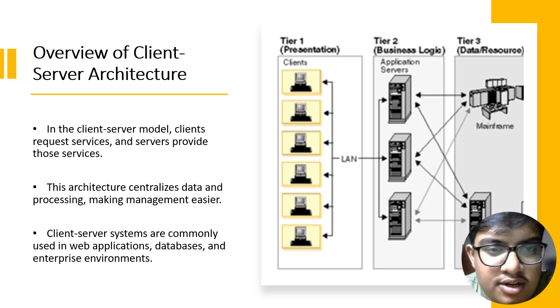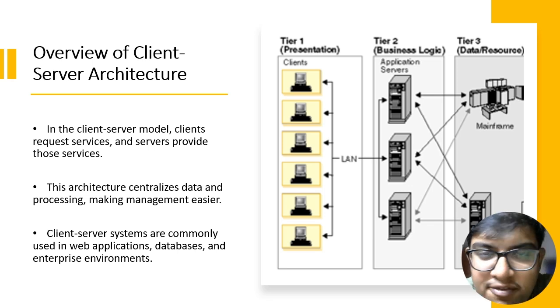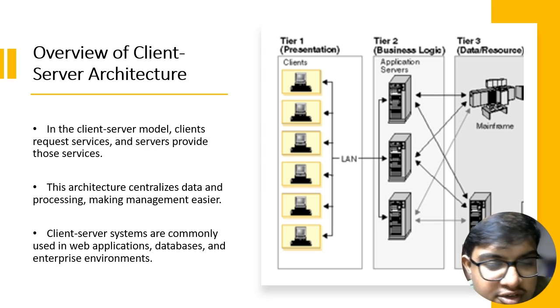So now an overview of the client-to-server architecture. To have a basic understanding, the client-to-server architecture is where you have one main hub, which is known as the server, and the multiple people that are the users connect to your server, and they are known as the clients.